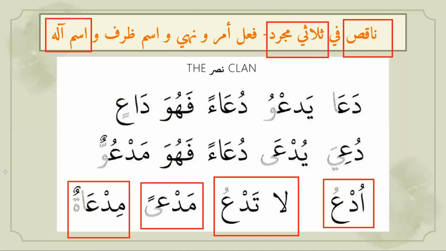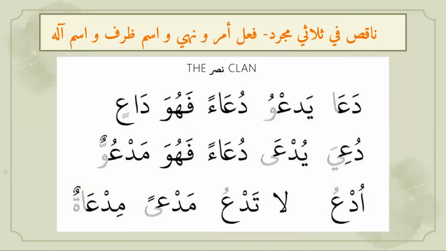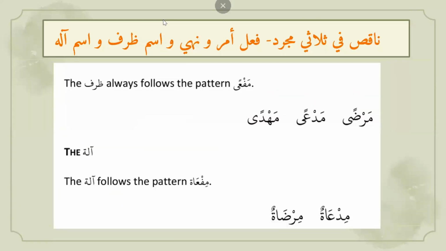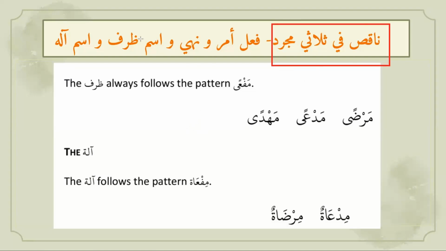Okay, so going back to the previous slide, where we have the pattern for ism zarf and ism ala. When Naqis in Sulasi Mujarrad comes, the ism zarf always follows the pattern of maf'an.